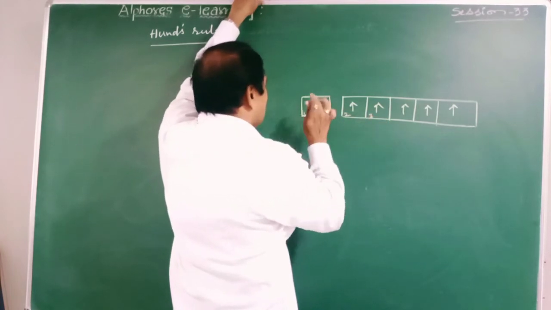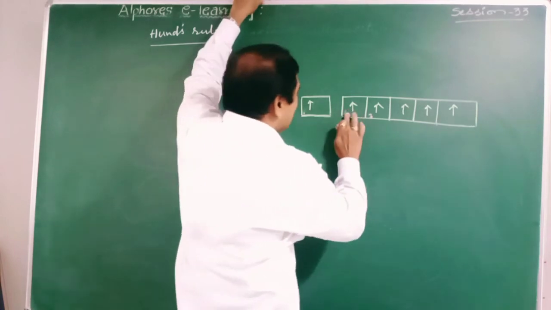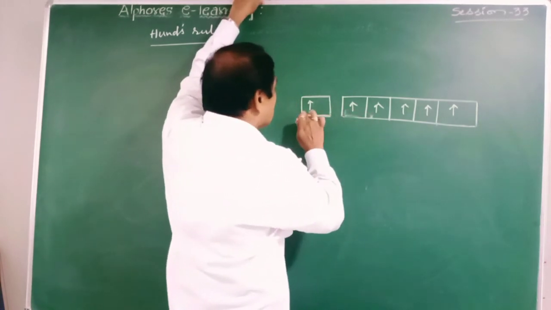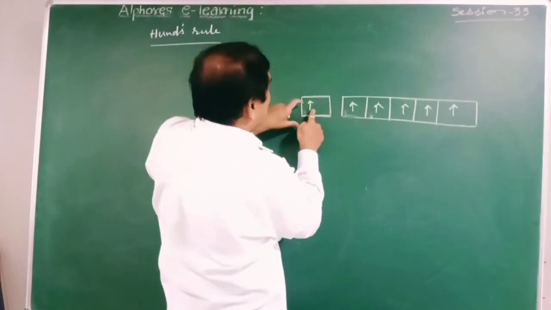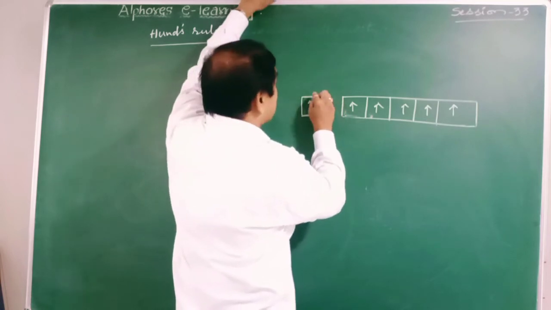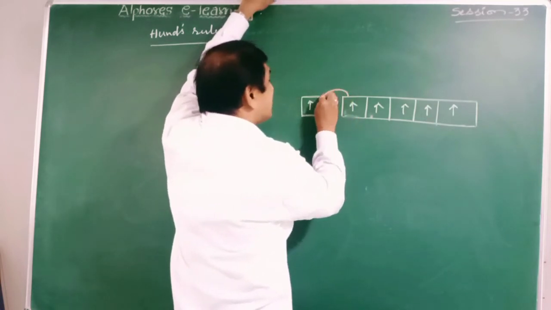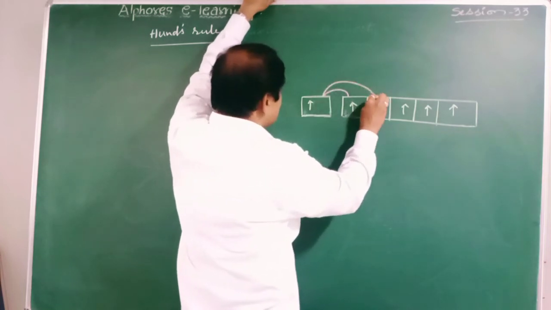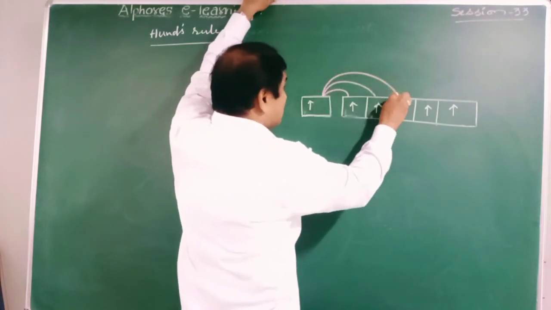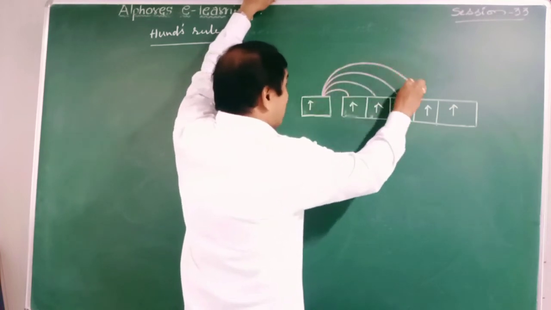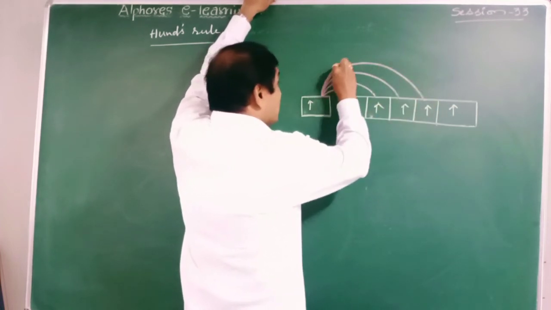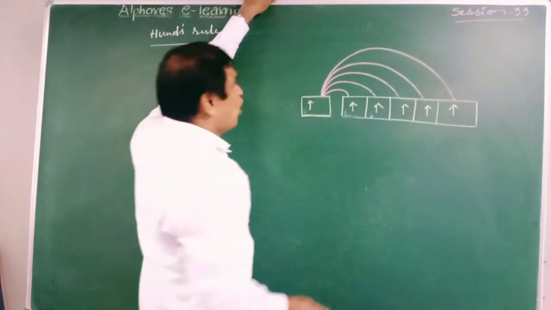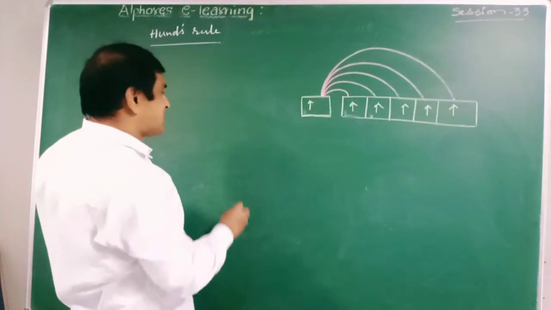Now the exchange pairs: this s electron can pair with the d electrons, this s electron can also pair with this one, and this one, and this one. How many exchange pairs are possible with the s electron?